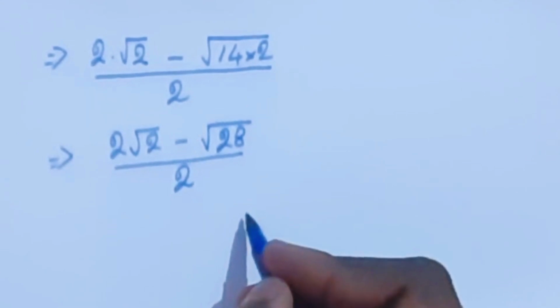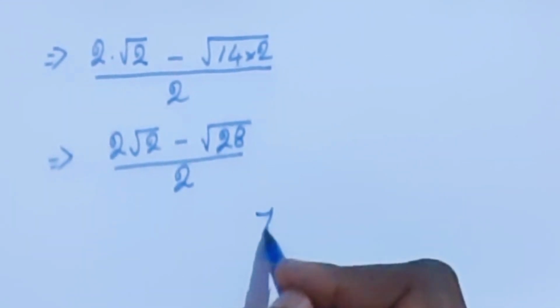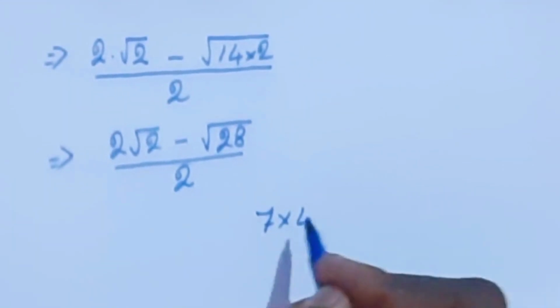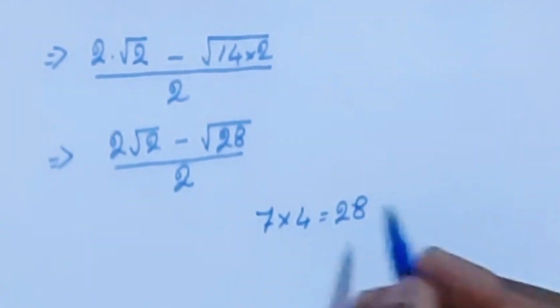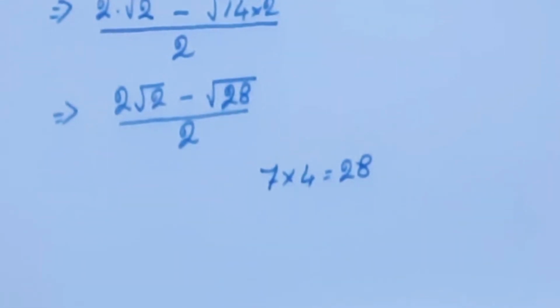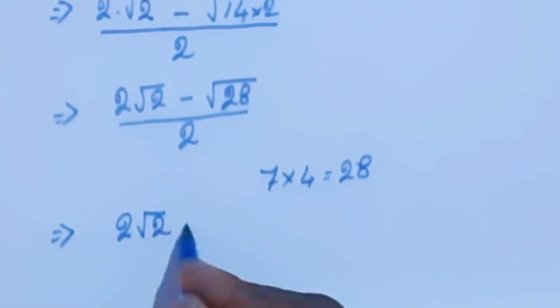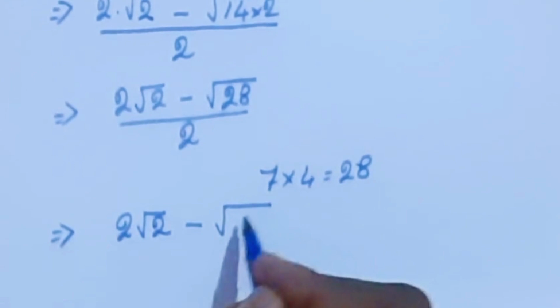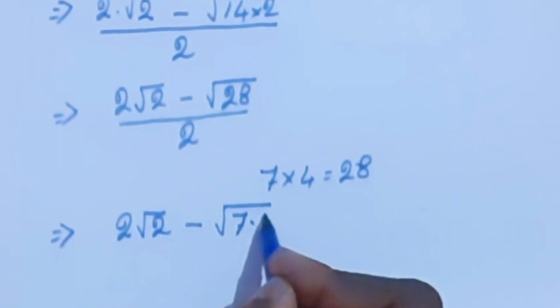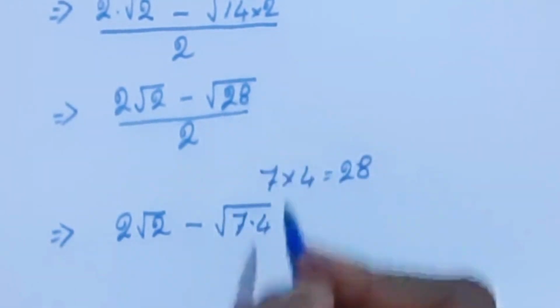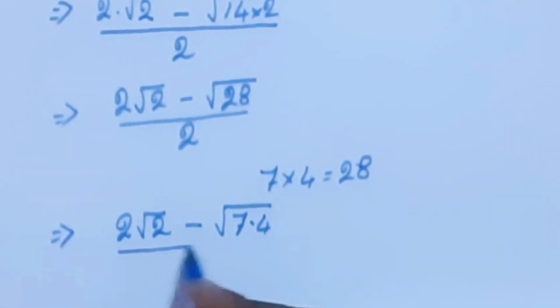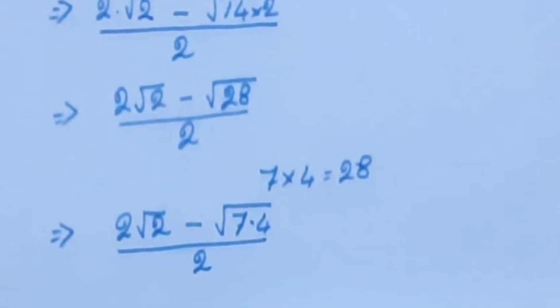Now this 28 can be written as 7 times 4 equals 28. This we are going to apply here. So 2 square root of 2 minus square root of 7 times 4, divided by 2.